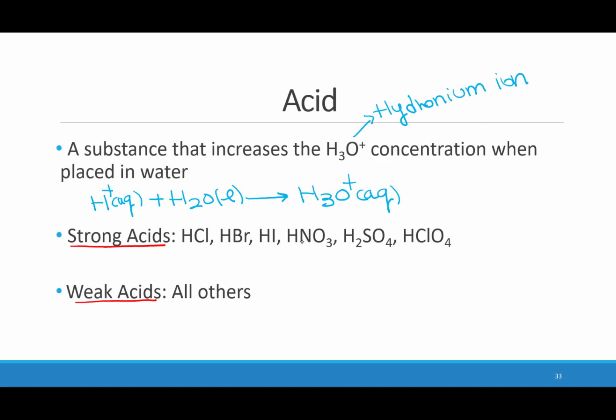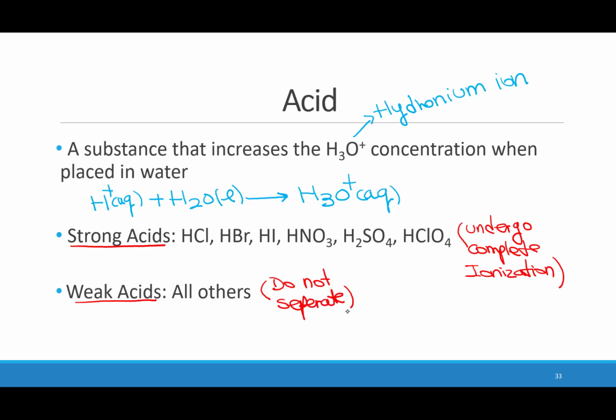Then all these 3, 4, 5, 6 are strong acids, and also it means they undergo complete ionization. Okay, then the weak acids, they do not. You could say they do not separate.